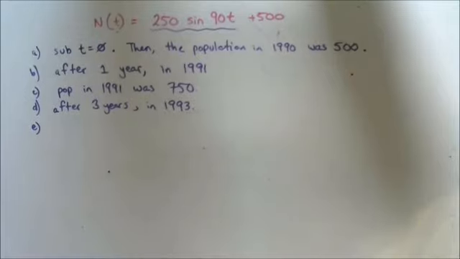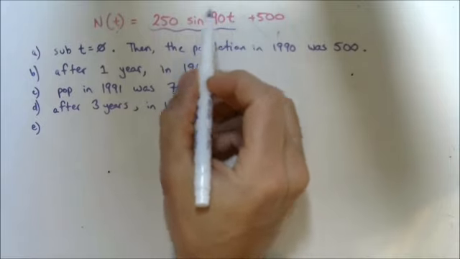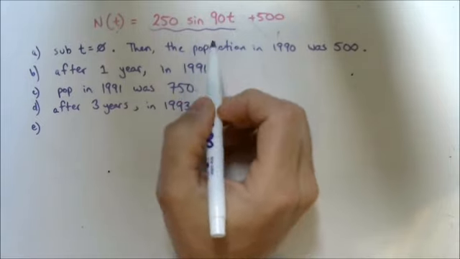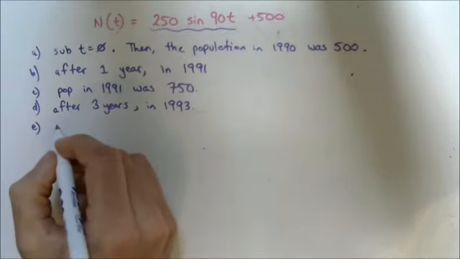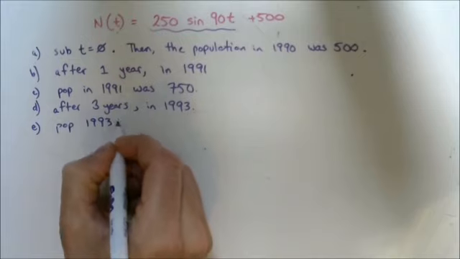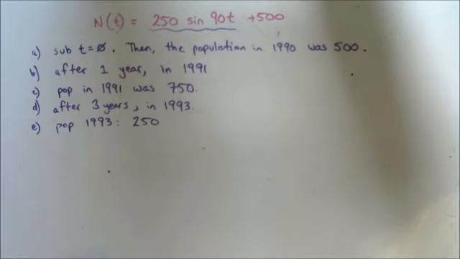And what was the population there? Well, if you get the minimum, then you would have a sine value of -1. -1 times 250 is -250. Plus 500 would be +250, okay? So population in 1993 is 250. That's where it's going to be at its minimum.